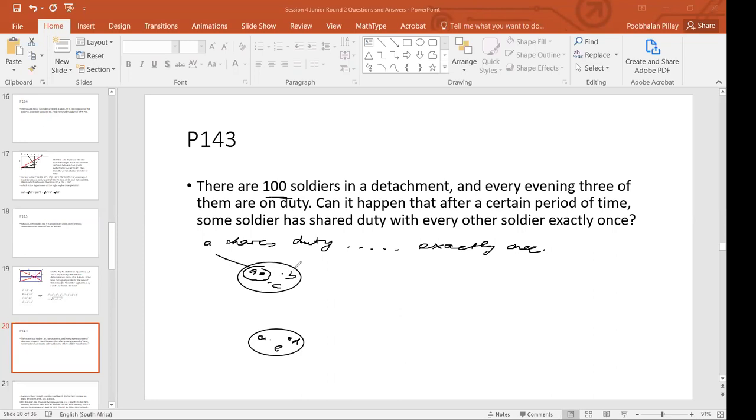So that's not possible. 99 is an odd number. You can't break them up into 2s. By breaking them up into 2s, you are saying that the 2 on the first day, plus the 2 on the second day, plus the 2 on the third day, and so on, all of them must be equal to 99. So a number of 2s add up to 99. And that's impossible, because 99 is an odd number. It can't be a sum of 2s, right?